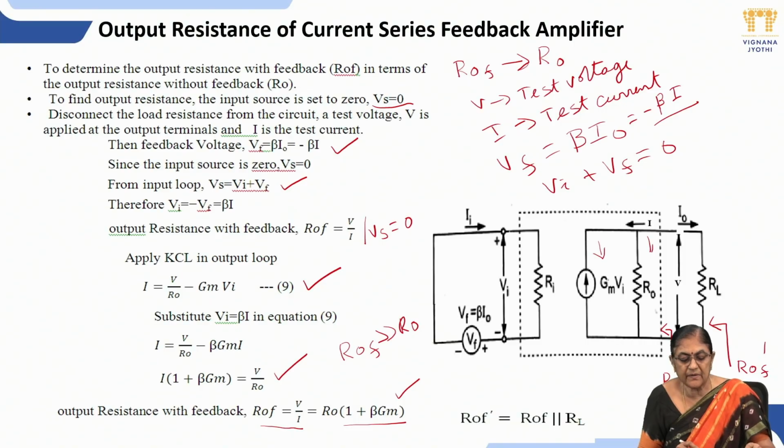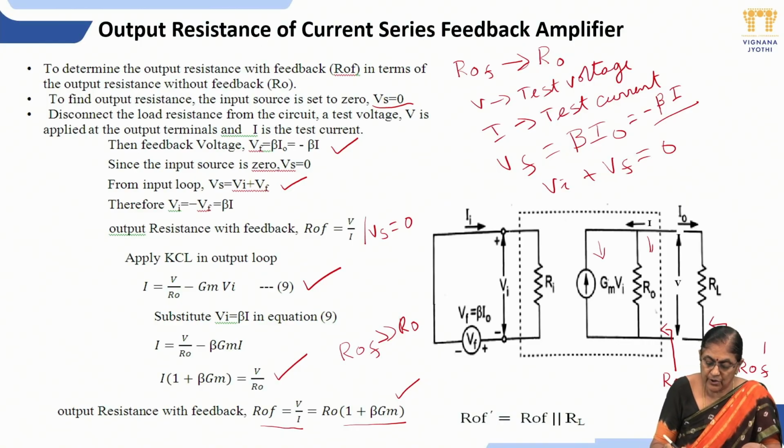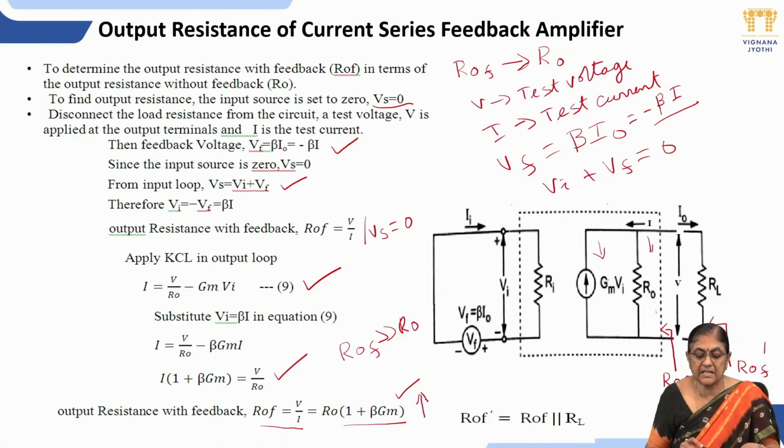So what is the reason for that? In the case of current series feedback amplifier, current sampler is used at the output terminals of the basic amplifier. In the case of current sampler, input terminals of the feedback network is connected in series to output terminals of the basic amplifier. Therefore, output resistance with feedback increases in current series feedback amplifier.